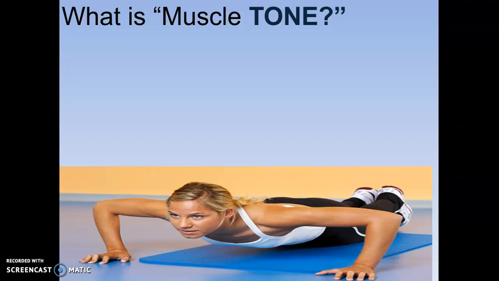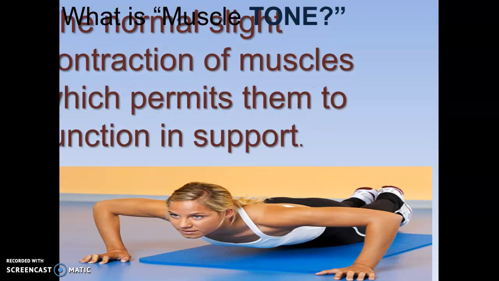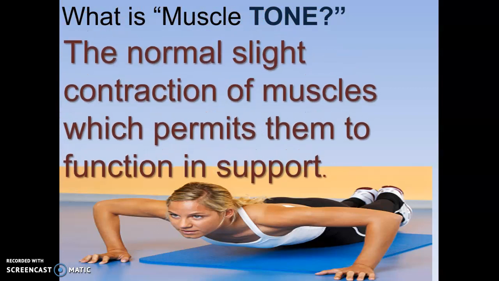What is muscle tone? Those of you who work out know the body is constantly releasing enough acetylcholine, enough action potential, to keep those muscles slightly contracted. So if you're toned, your muscles are not totally saggy.